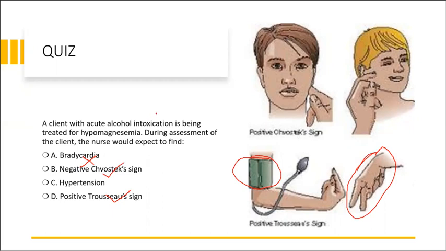You'll see this twitching of the face, which occurs when you gently tap an individual's cheek or in front of the ear. So you tap the cheek or the front of the ear, and you're going to see the twitching of the facial muscles. So that's your positive Chvostek sign. And C is also incorrect because the client would have hypotension, not hypertension.